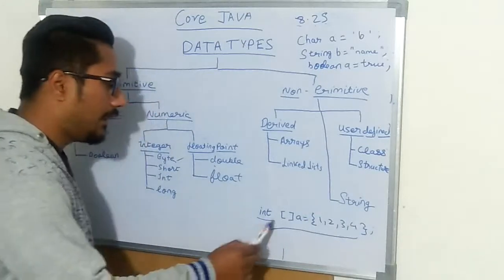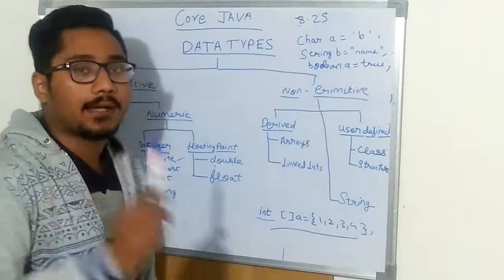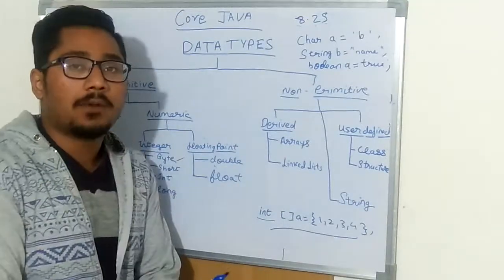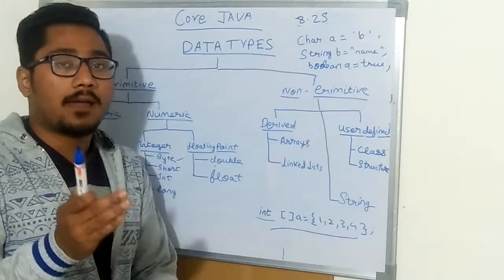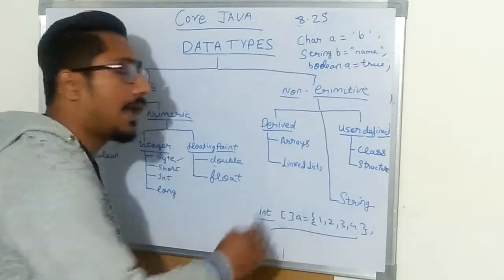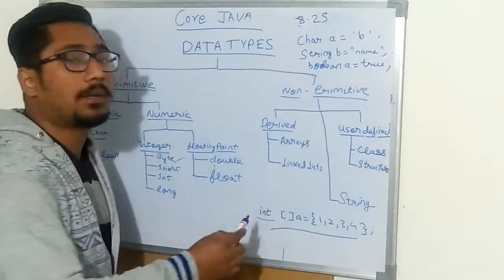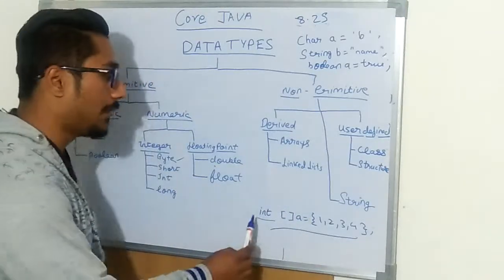So we use a primitive data type to declare an array, a data type which is built by using a primitive data type. That is why this data type, array, is known as a derived data type, because it is derived from a pre-existing data type, that is a primitive one.